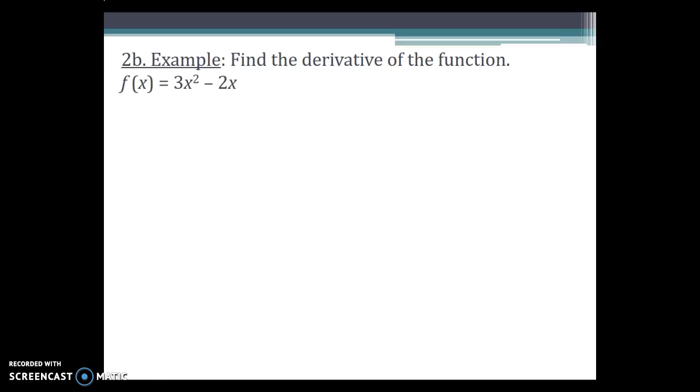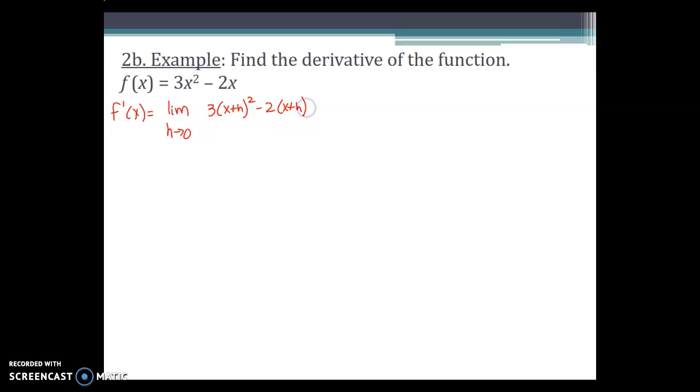Again, I'd like you to try them on your own as best you can, but I'll help you get started, of course. So we're going to start this one. The derivative of function f is the limit as h approaches 0 of f of x plus h. So 3 times x plus h squared minus 2 times x plus h.